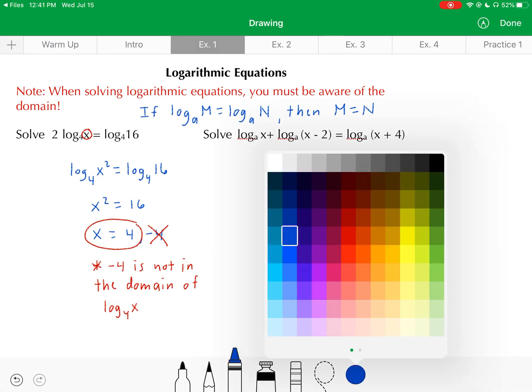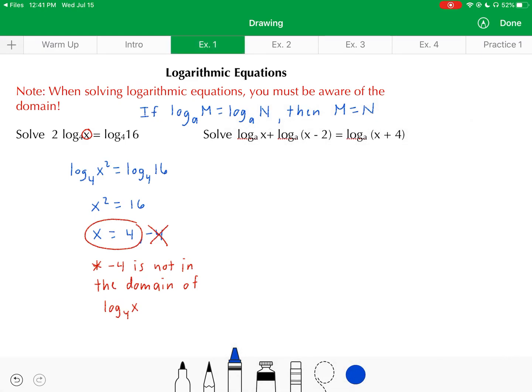All right, in my second equation, what we really want to focus on is that the left side of the equation has two logarithms that are separated by addition. So the property written above it in blue, you cannot use that property right now because of the fact that we have two logs on the same side. But I can fix that by using a product property of logarithms here.